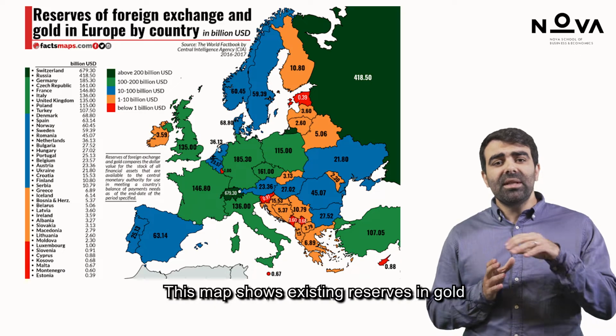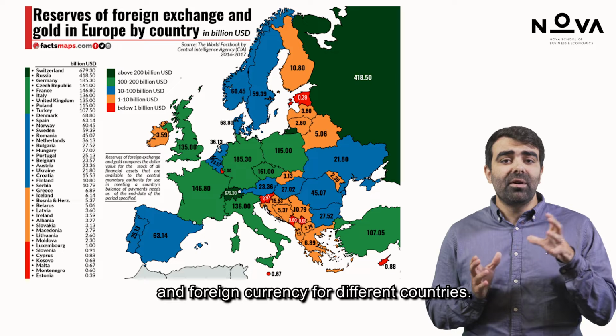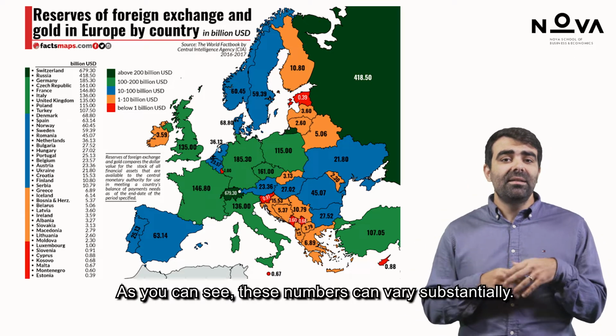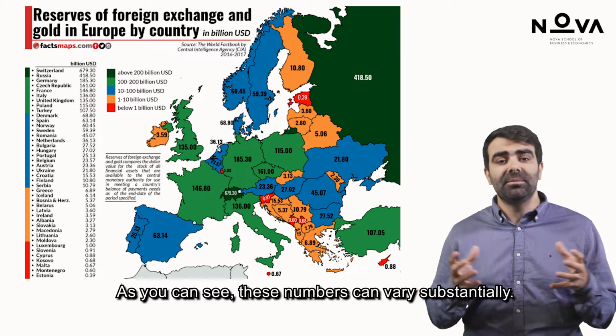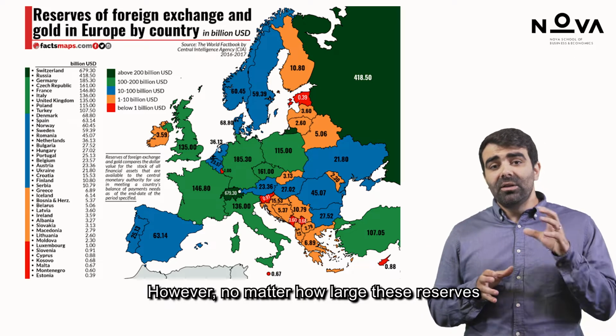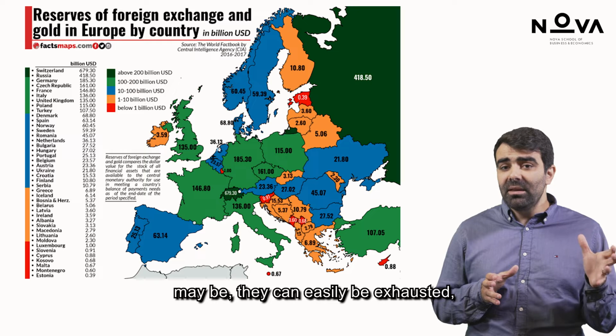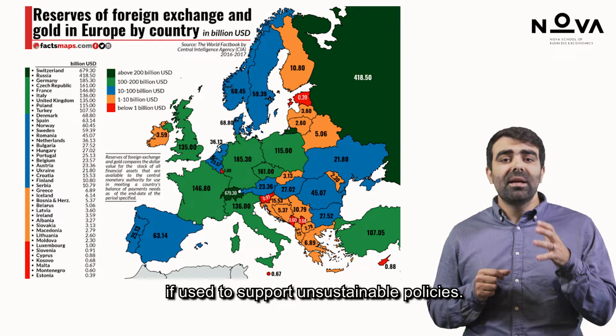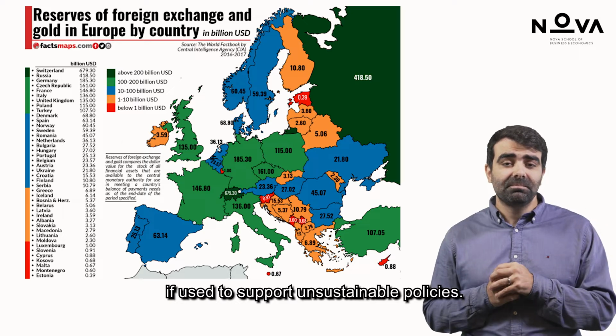This map shows existing reserves in gold and foreign currency for different countries. As you can see, these numbers can vary substantially. However, no matter how large these reserves may be, they can easily be exhausted if used to support unsustainable policies.